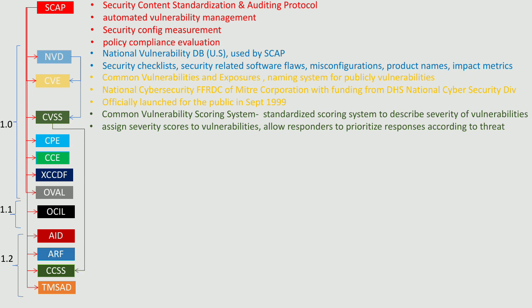This Common Vulnerability Scoring System has a similar structure to the Common Configuration Scoring System. Both of these are scoring systems, and one scoring system is for the vulnerability and the latter one is for the configuration.